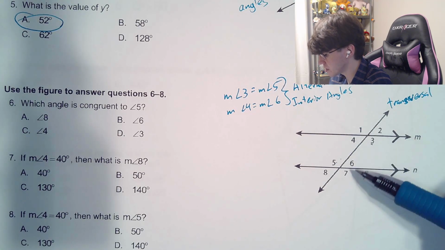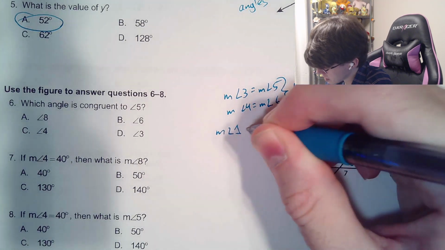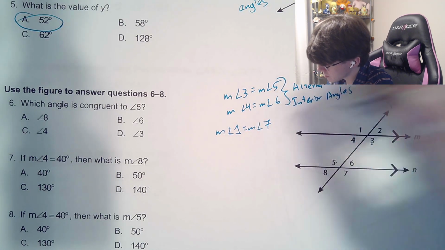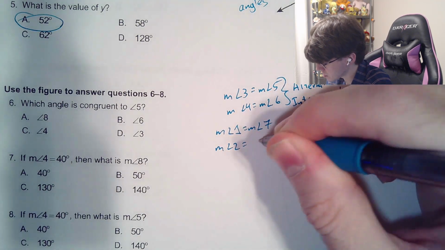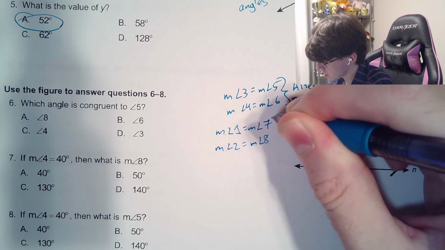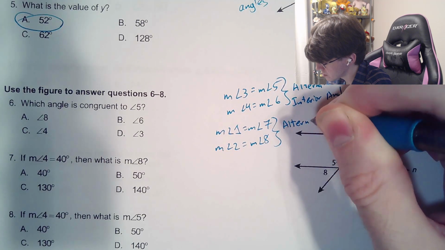So number 1 and number 7: the measure of angle 1 is the same as the measure of angle 7, and likewise the measure of angle 2 is the same as the measure of angle 8, and again these are called alternate exterior angles.